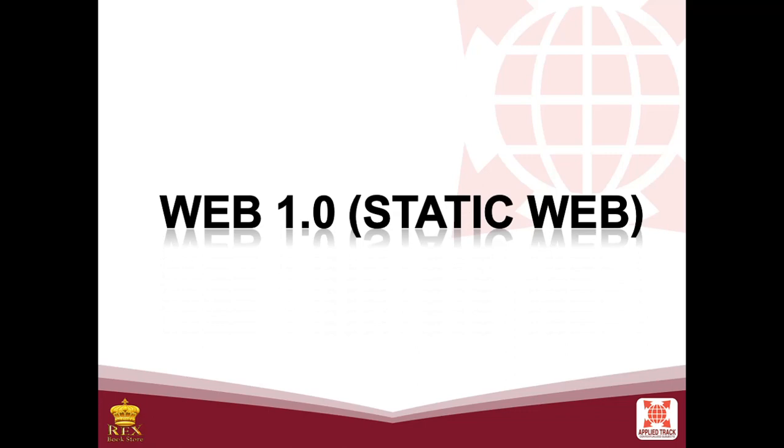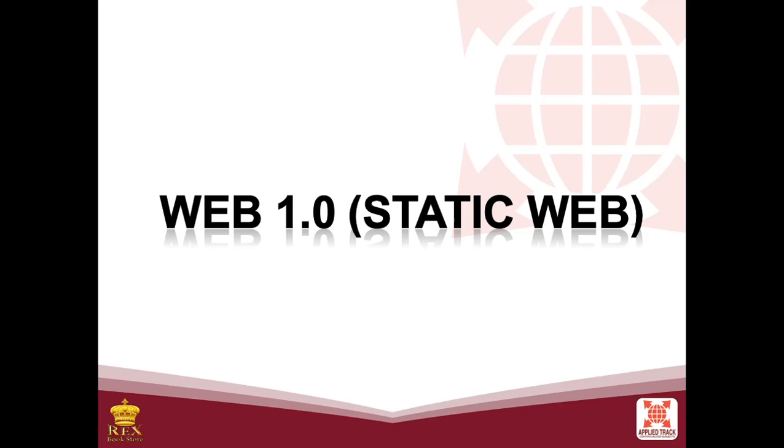Now let's talk about the different works of Tim Berners-Lee. So we have the classification of the website. The first classification is what we call Web 1.0 or the static web. So what is a static web?